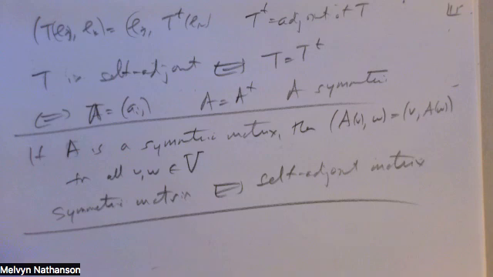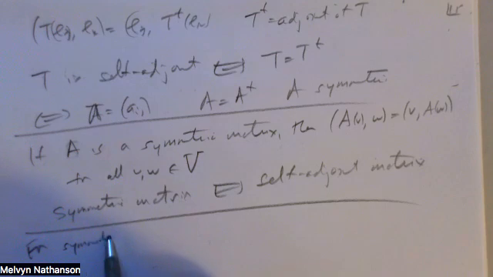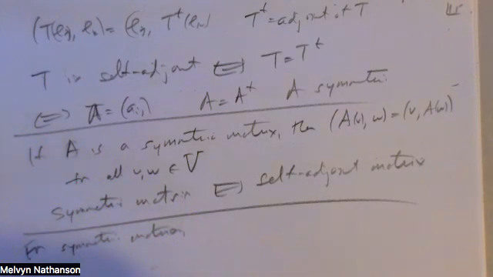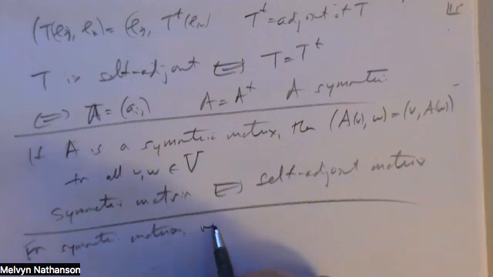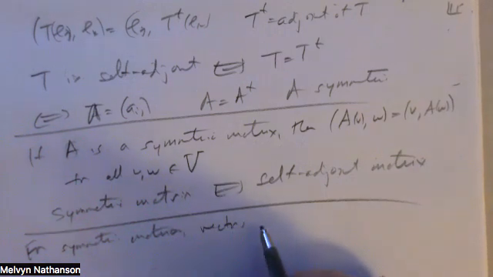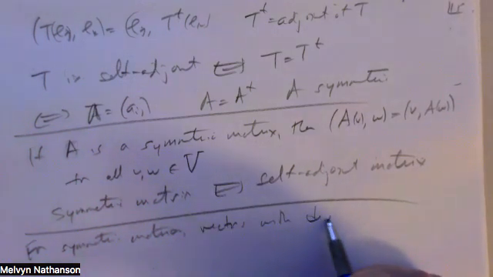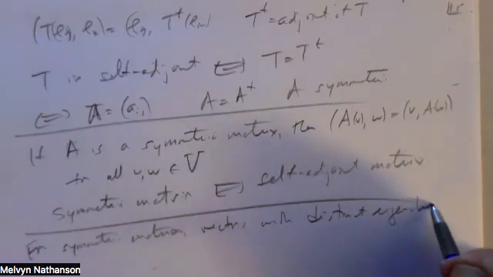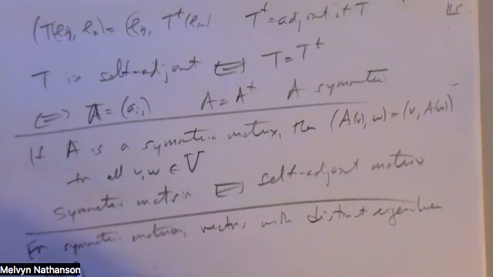And for symmetric matrices, eigenvectors with distinct eigenvalues are orthogonal.